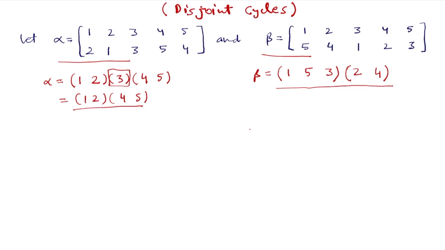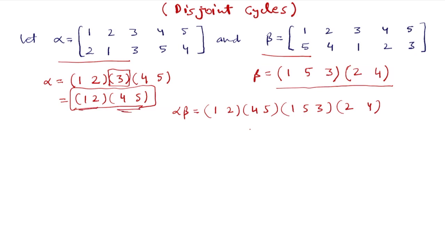So if we take the product of these two, alpha beta will become (1 2)(4 5)(1 5 3)(2 4). Now see carefully this alpha permutation, it's a product of two cycles (1 2) and (4 5), and in (1 2) and (4 5) no symbol is common.